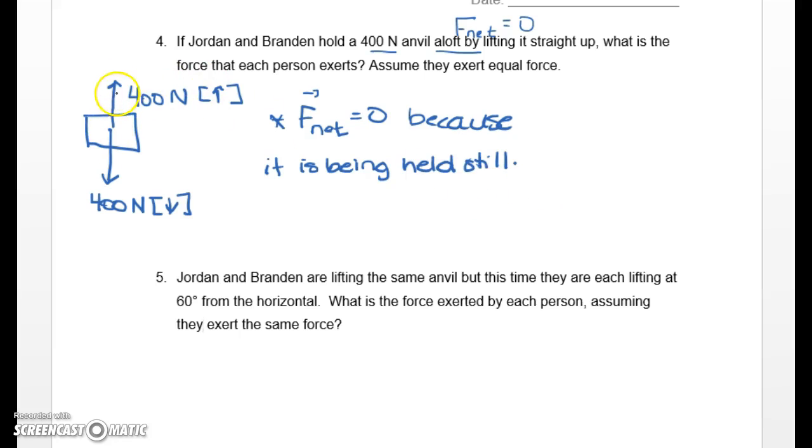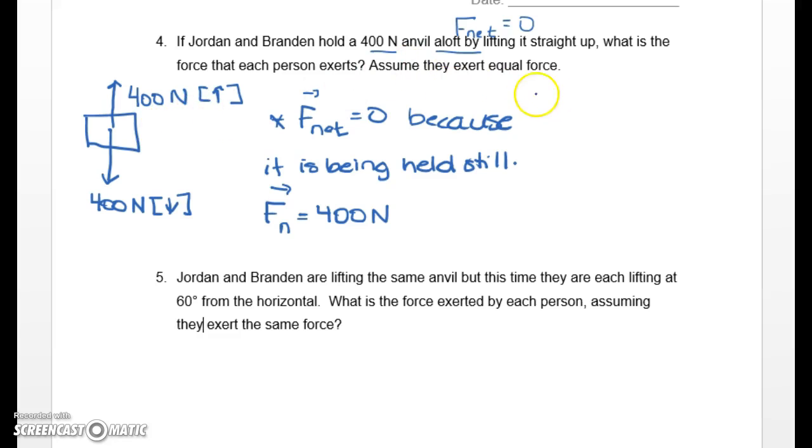So this upward force, which is our normal force, Fn, is also equal to 400 newtons. This is the total combined force that Jordan and Brandon are exerting on this anvil.